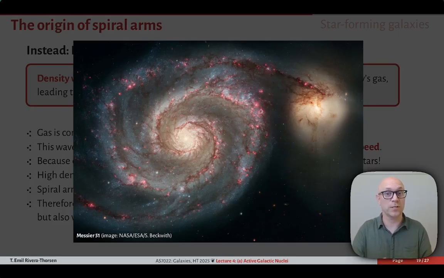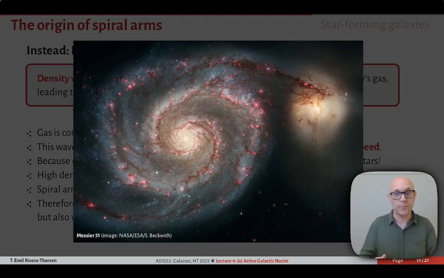And what we saw was that the spiral arms in the near infrared were much less pronounced, much less prominent than they would be in the ultraviolet or in the H-alpha, which is tracing these regions of hot gas where stars are formed.